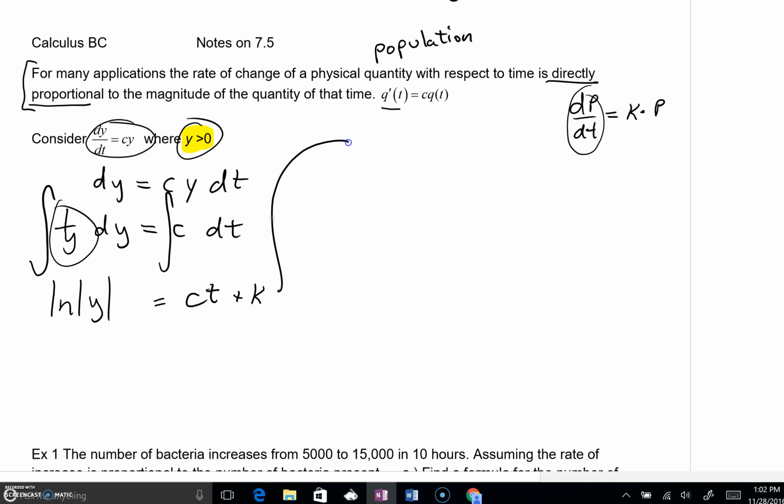Well, now what? Well, like I said earlier, our y is actually positive. You can look at it from this way. You could say, all right, so I've got natural log of y equals ct plus k. What do you think I could do to solve for y? What do you think we could do here?